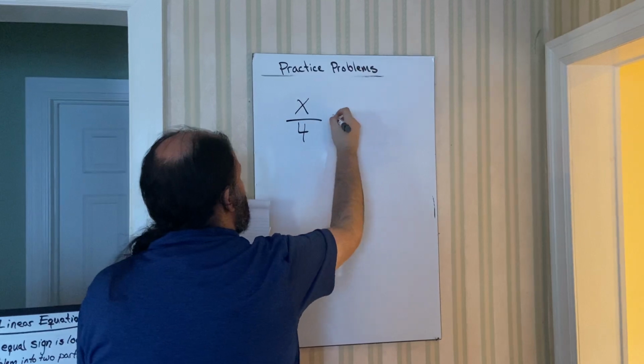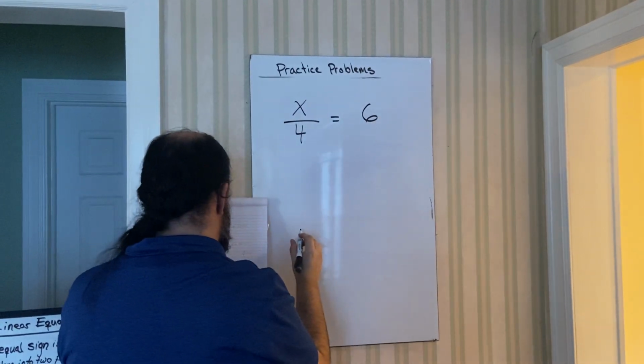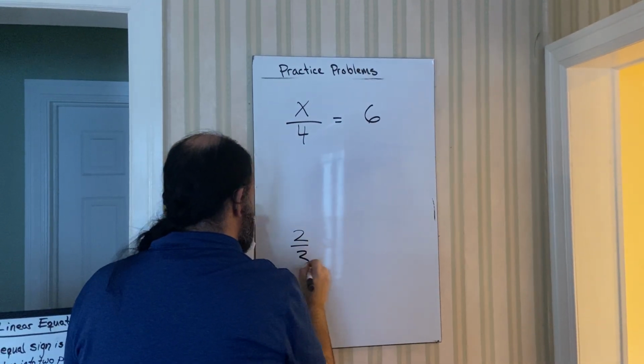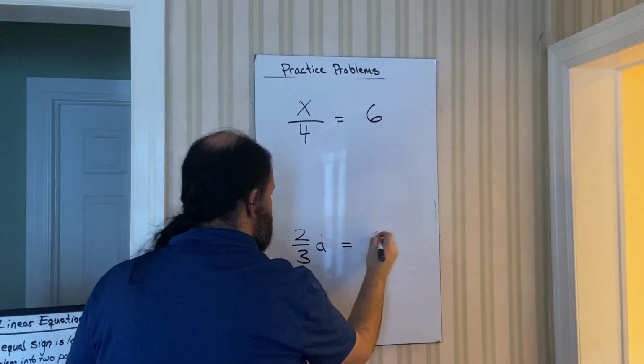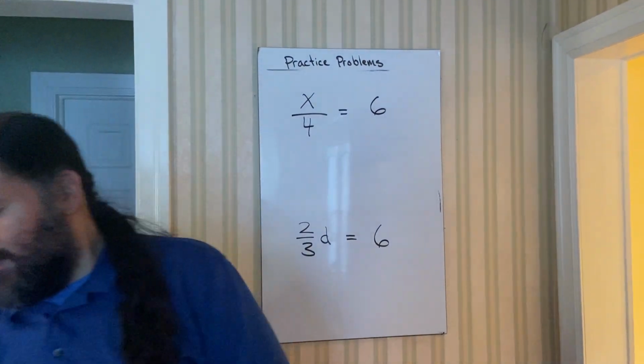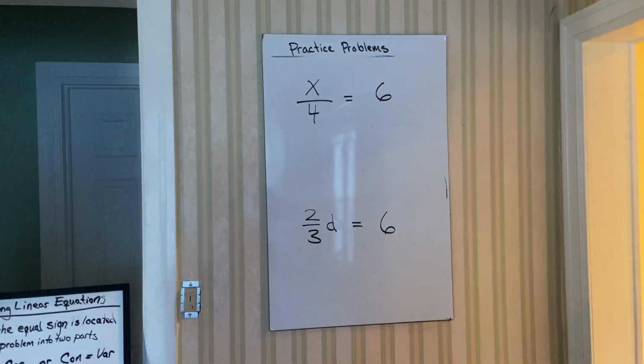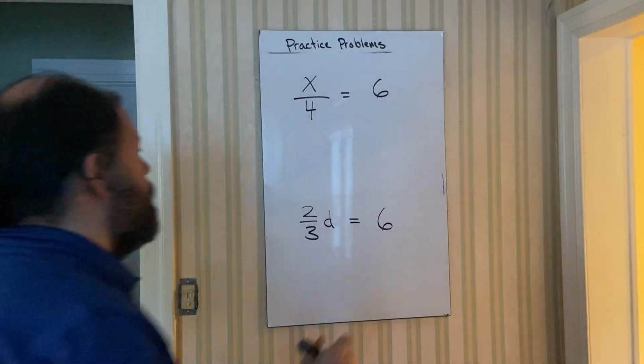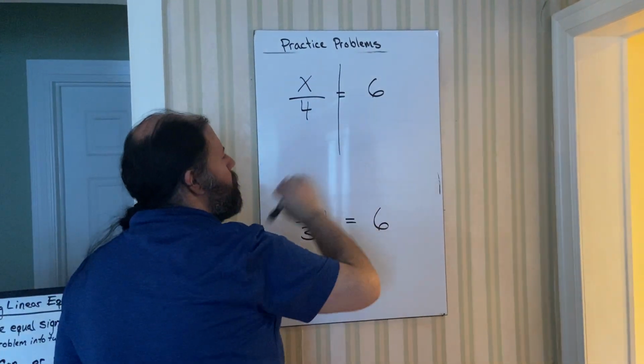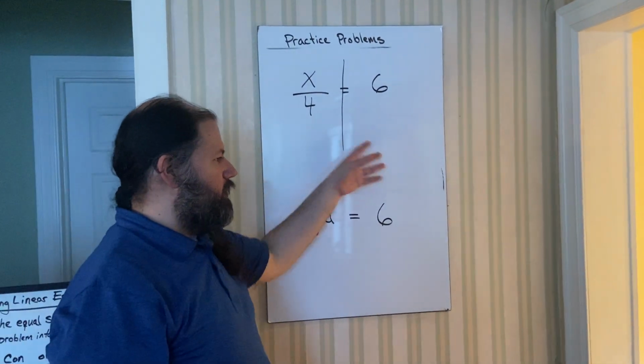x over 4 equals 6 and 2/3 d equals 6. So for this guy, notice the trick. I have the equal sign, so I have the left and the right hand side.